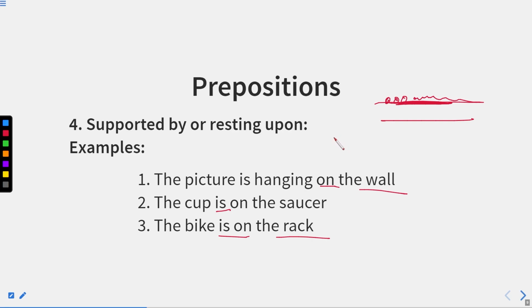Though the vehicle is in movement, that movement is not that it is jumping from that particular road. It keeps running on that particular surface only. It will be in touch with that surface while it is running. So in that case as well, we can use preposition on.